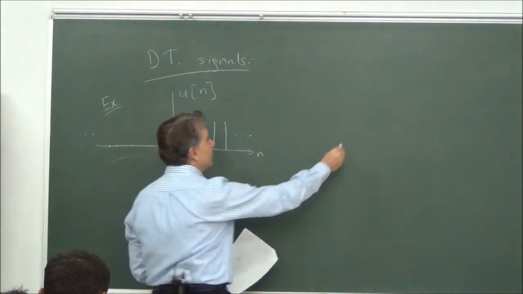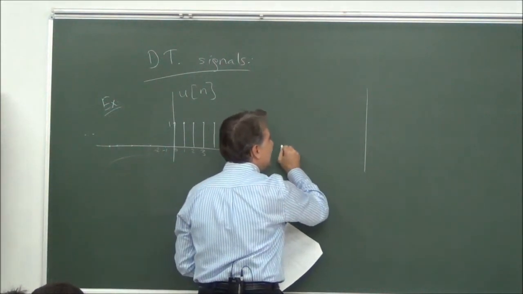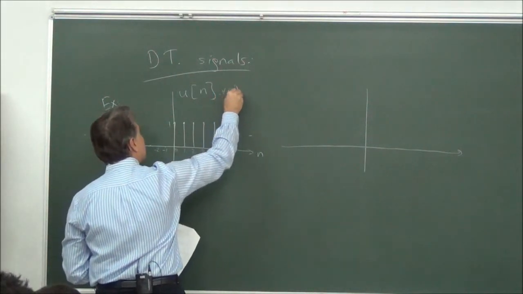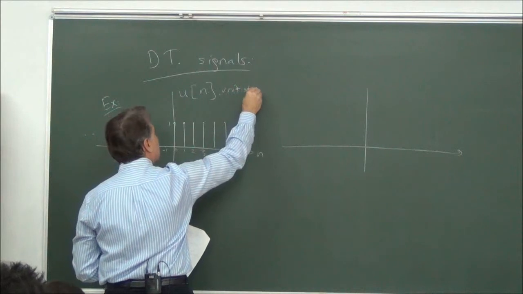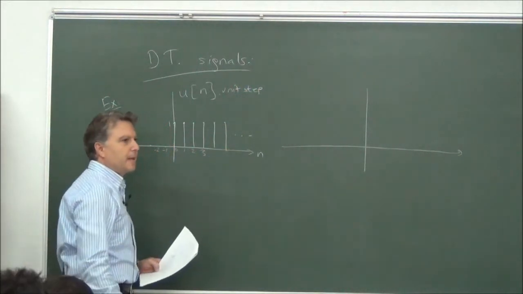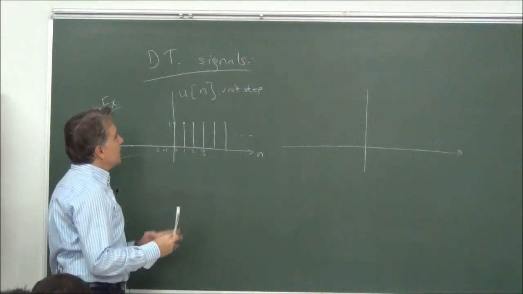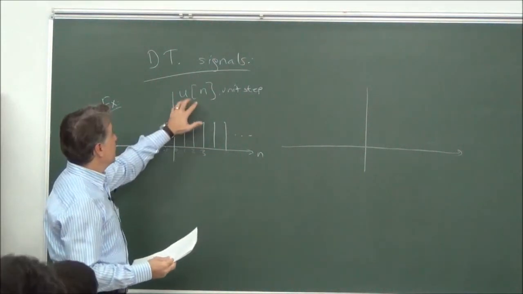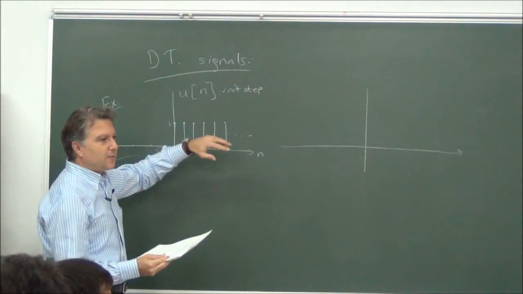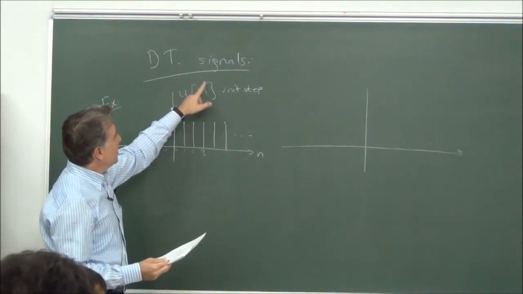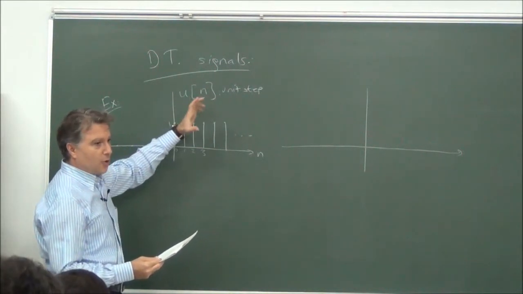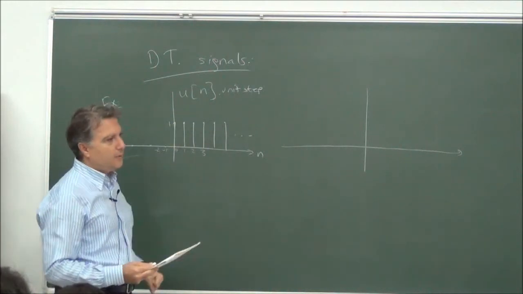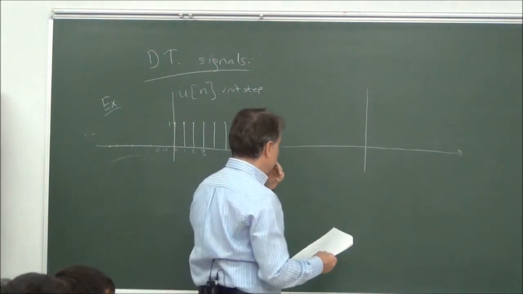Can you think of a corresponding impulse, unit impulse? So this is the unit step in discrete time. Notice my notations. You have to adapt to those notations because it's different from the continuous time. These are square brackets, not normal parentheses, and the index is not t or time, but it's n, which is an integer number.